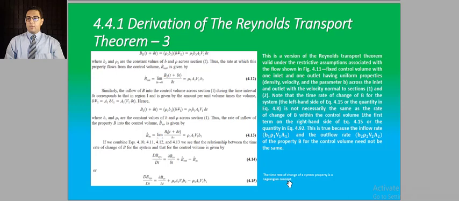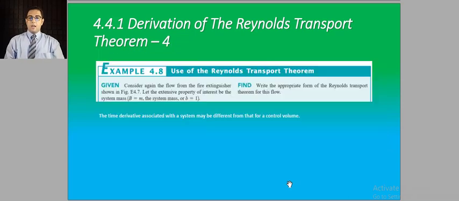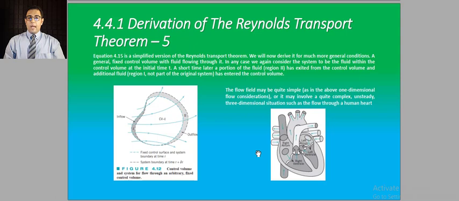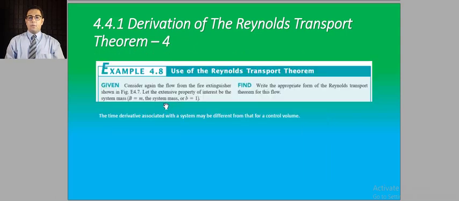The time rate of change of a system property is the Lagrangian concept, as I have already illustrated to you. So here we have example 4.8, which is about the use of the Reynolds transport theorem. I'm going to solve it for you in written text, so follow me with the written text.